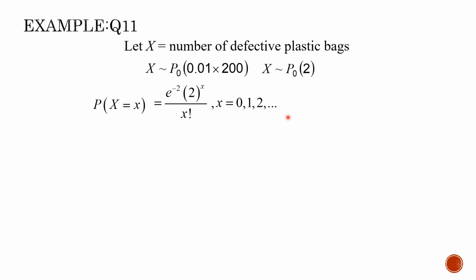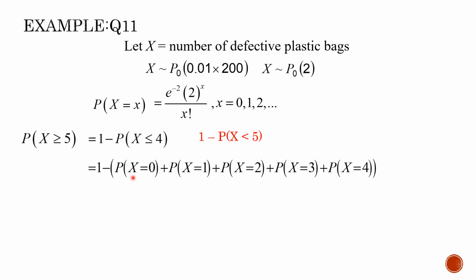Now you need to find the probability of at least 5. So this is the mathematical symbol for the probability of X greater than or equal to 5. Okay, since X has no upper limit, you need to use 1 minus P(X less than or equal to 4), or you can use 1 minus P(X less than 5). Okay, so we have 1 minus [P(X = 0) plus P(X = 1) plus P(X = 2) plus P(X = 3) plus P(X = 4)].